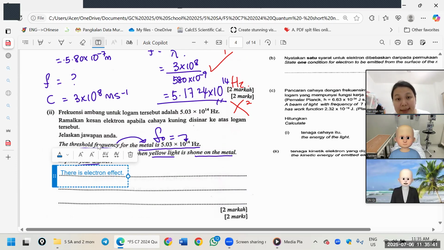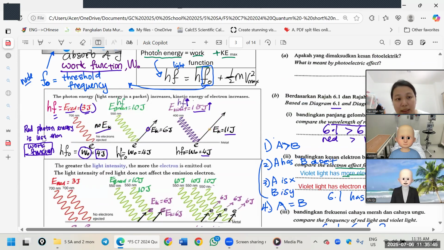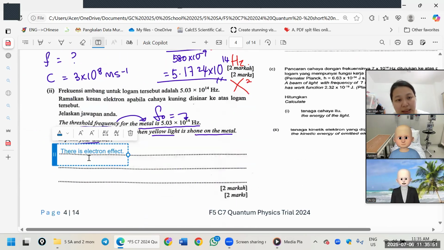Why? You can use back this: yellow photon energy is more than the work function.